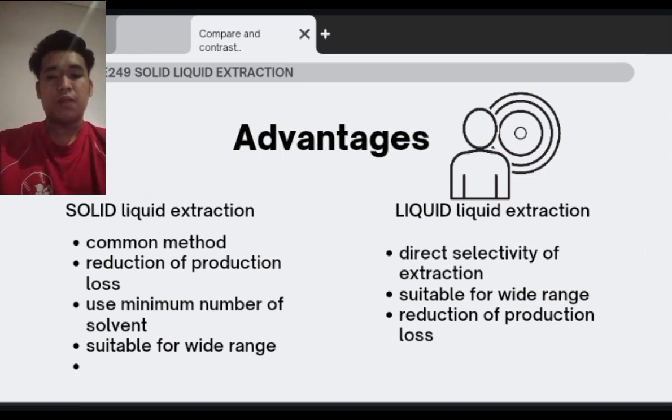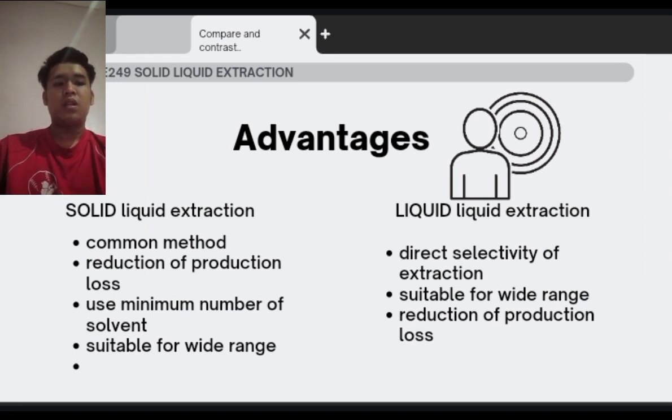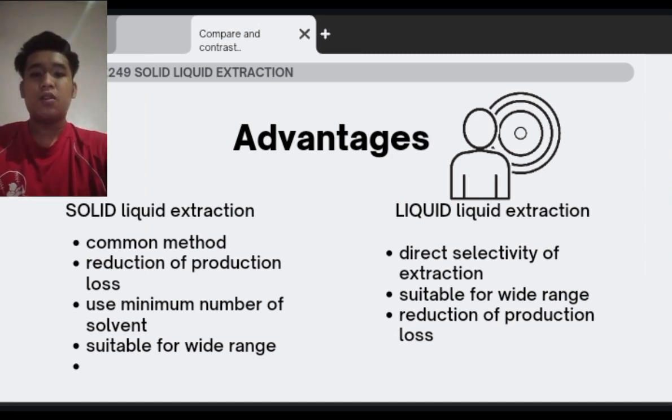For liquid extraction, it has direct selectivity of extraction. Also, the same as solid extraction, it is suitable for a wide range and has a reduction of production loss. So that's all for the compare and contrast between the two equipment, which is solid extraction and liquid extraction. So you get it right? You can differentiate which one is better and which one is more widely useful.